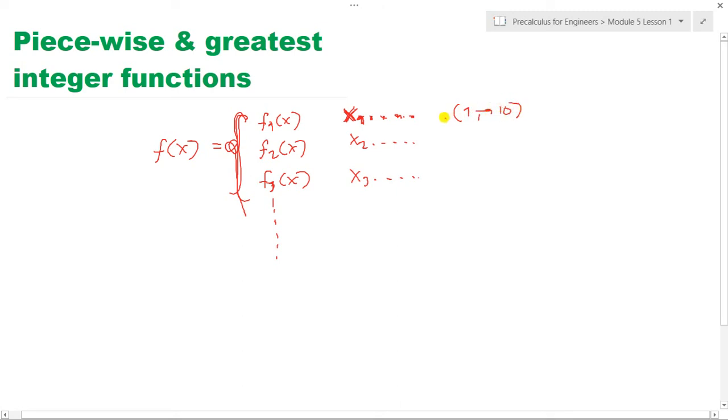Dili na siya pwede ma-apply from 10 to 100 or more. The same with function 2, mo-satisfy siya from 20 to 50. Our third function mo-satisfy ra sa x less than 0.